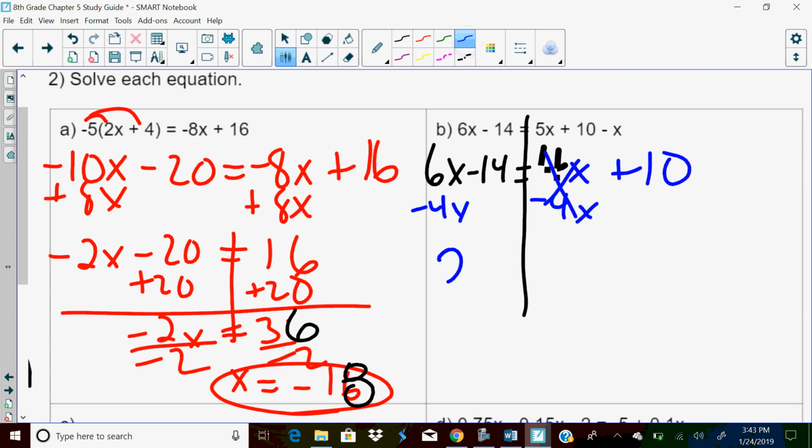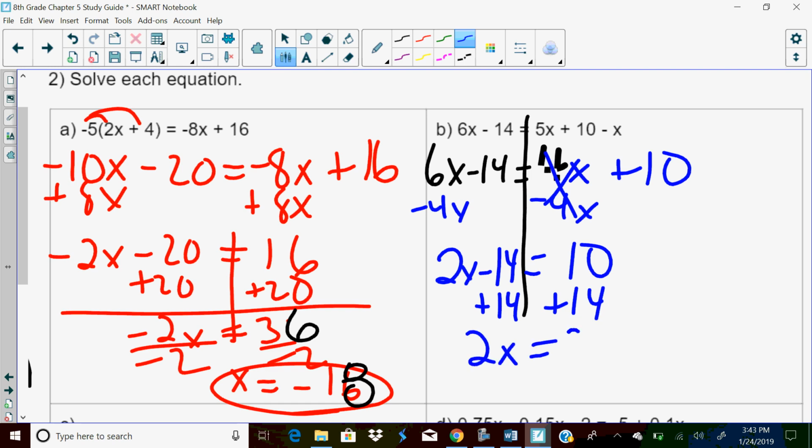So I get 2x minus 14 equals 10. Add 14 to both sides. So I get 2x equals 24. Divided by 2, I'm going to get x equals 12.